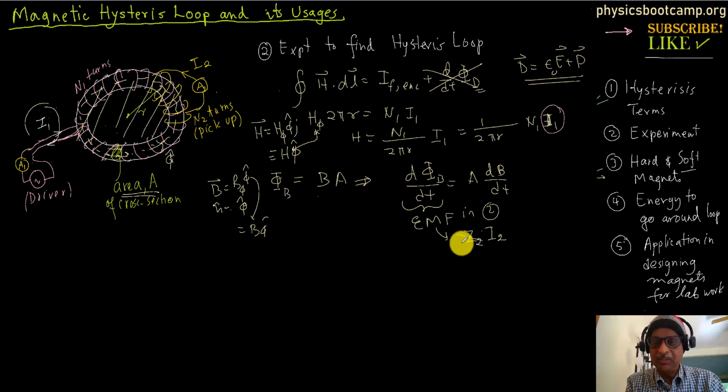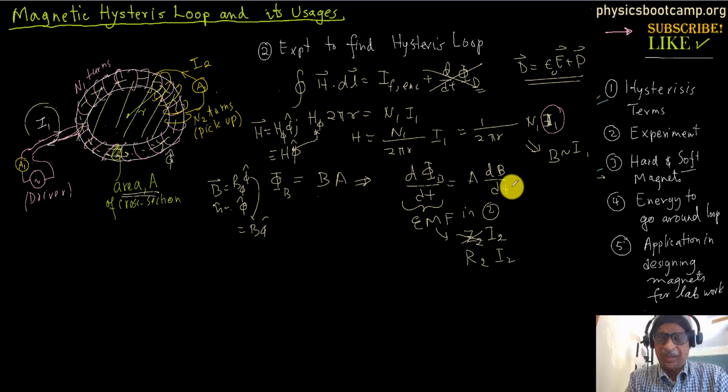If you don't like it, you can just call it resistance in the 2, times I2. And this B is the B in here, which was induced by changing current I1. This B has some association with H, so B will also be proportional to I1, and if I change I1, I can change B.